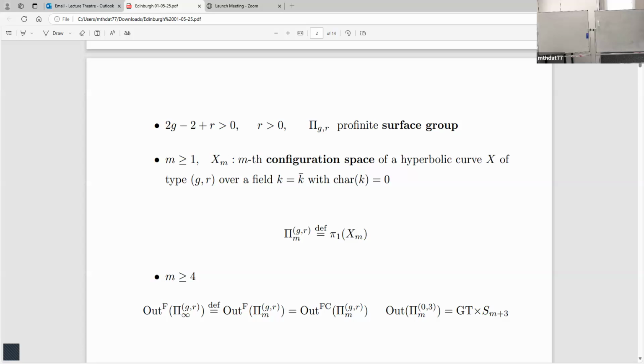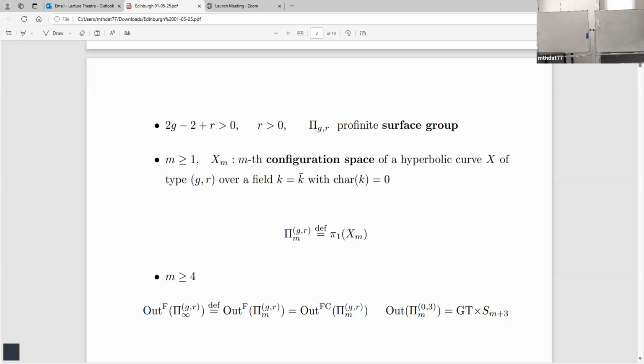For a positive integer m, X_m will denote the mth configuration space of a hyperbolic curve X of type GR over an algebraically closed field K of characteristic 0, and pi_m GR will denote the fundamental group of X_m. This is a classical object which appears, at least in the discrete case, in topology, related to the braid groups, the Artin braid groups, and so on.